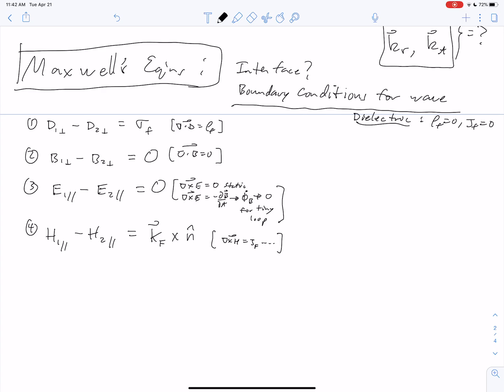So equation one can be rewritten as epsilon 1 E1 perp equals epsilon 2 E2 perp, because D equals epsilon E. The second equation becomes the same, B1 perp equals B2 perp, and this one doesn't change either. That's an easy one.